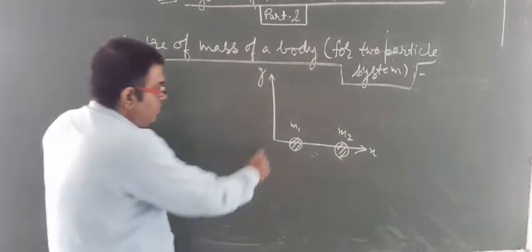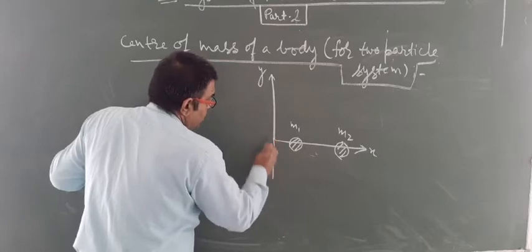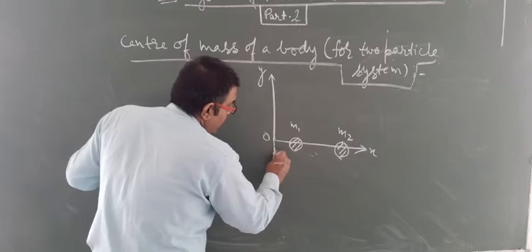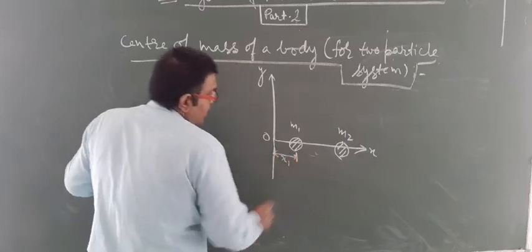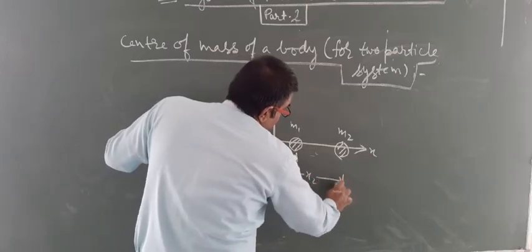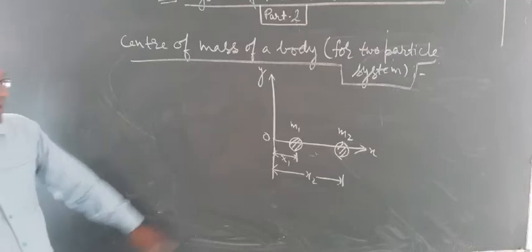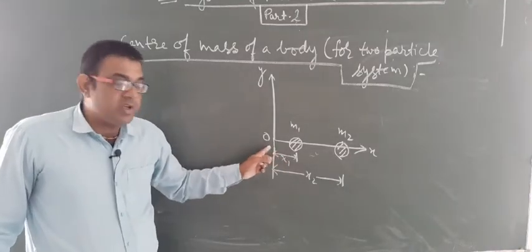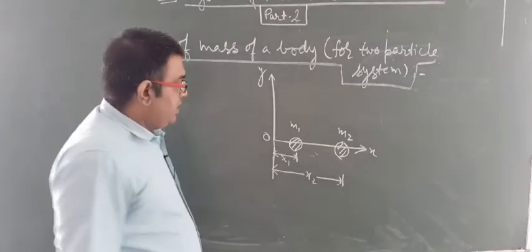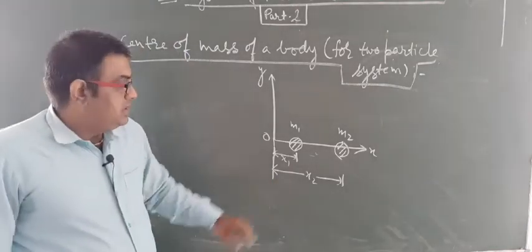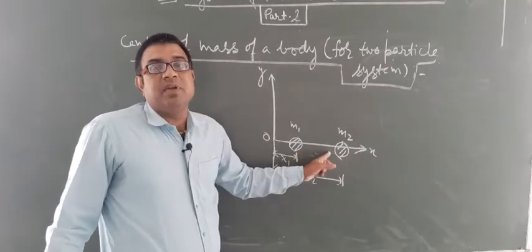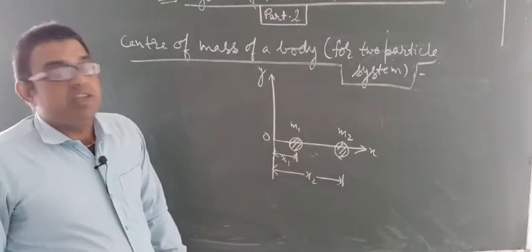Clear? Now this is the origin, and from the origin the mass m1 has the distance x1 and the mass m2 has the distance x2. Then we can consider the center of mass of this two particle system to be midway between these two particles.